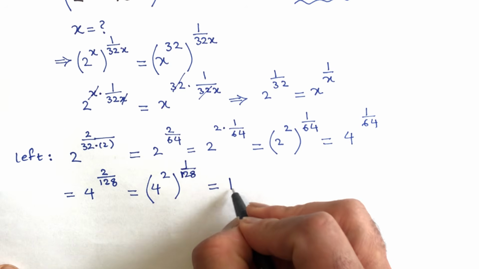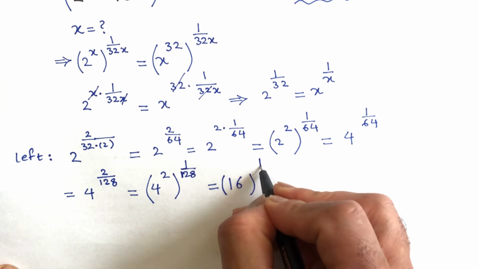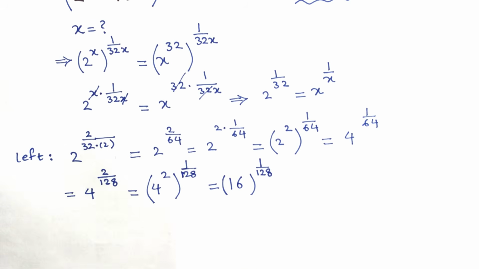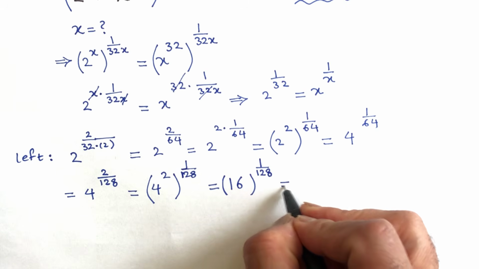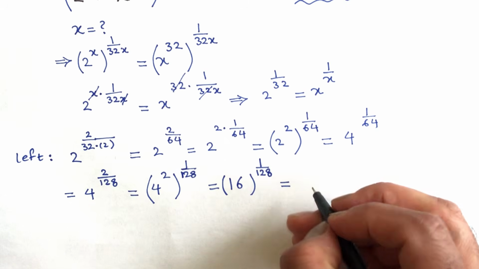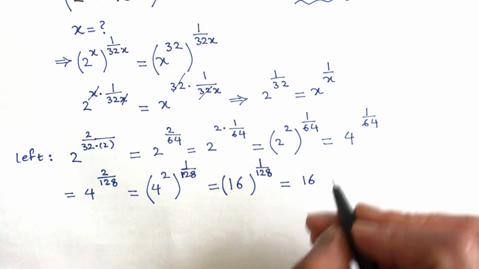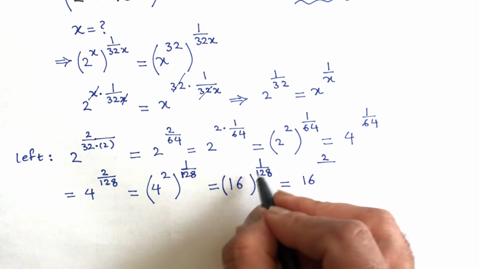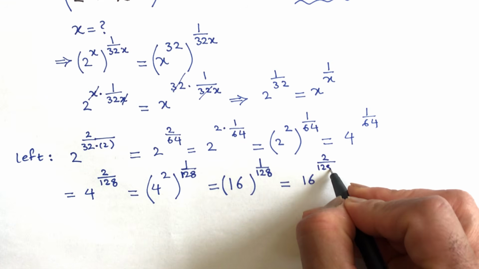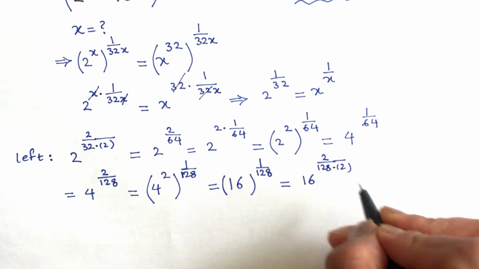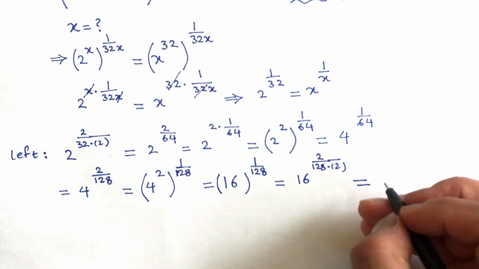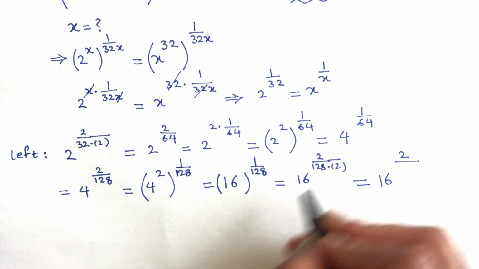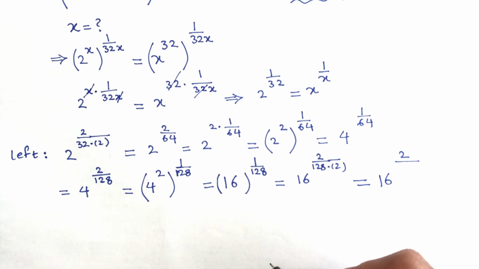That equals 16 to the power of 1 over 128. Again, it needs more work, and I go further with the same procedure. 16 to the power of, again times 2, and 128 times 2 equals 16 to the power of 2 over 2 times 128.